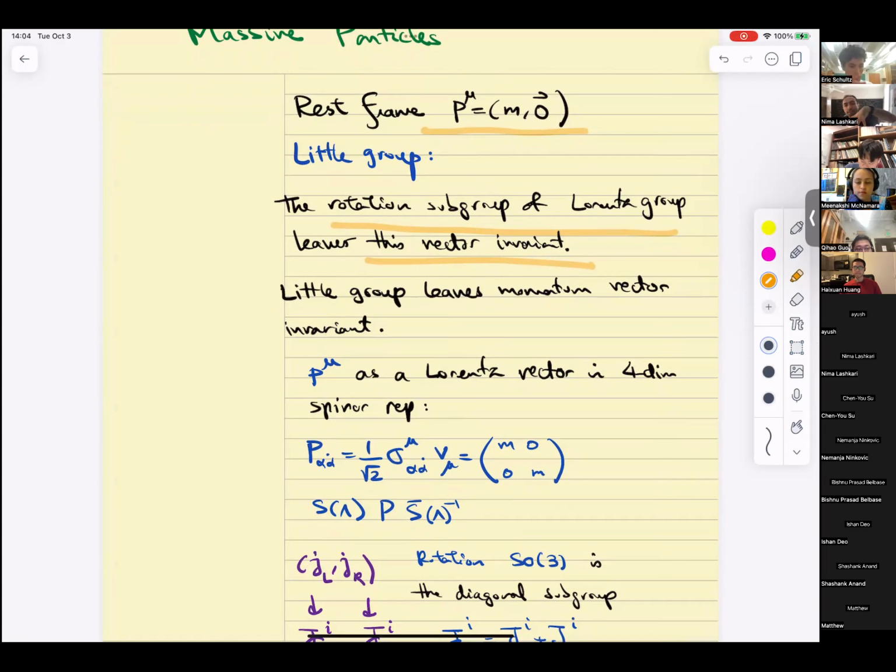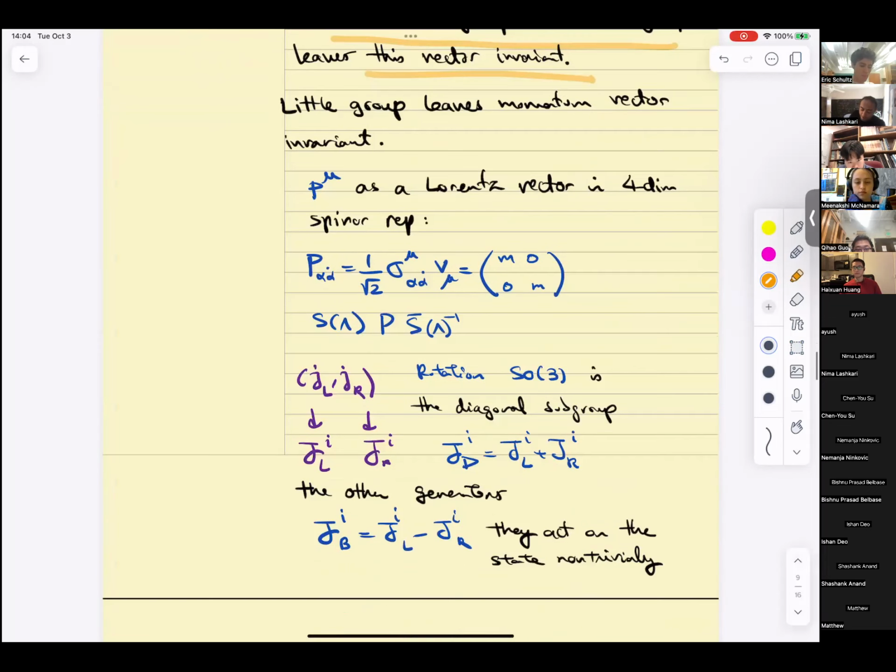So let's see how this little group sits inside the full Lorentz group. Oh, sorry, I said Poincare, I meant the Lorentz group. Remember that the Lorentz 4-vector p mu can be written in terms of spinor indices, left and right spinor indices. It transforms as (1/2, 1/2). That's the transformation.